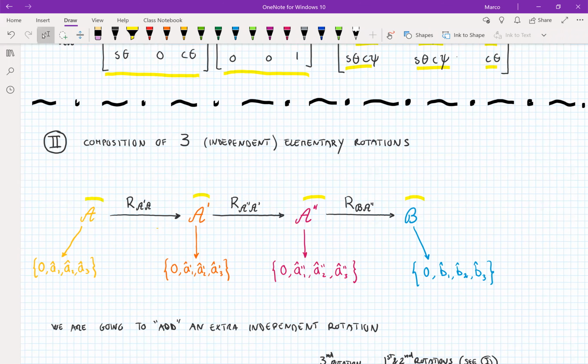So we're really interested in the composition of 3 rotations. So the only thing that is different here is the addition of a third rotation from the reference frame A double prime to the final reference frame B. And B is characterized by the same origin as the first 3 reference frames and its set of versors B1, B2, and B3.